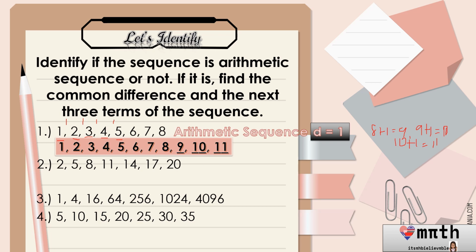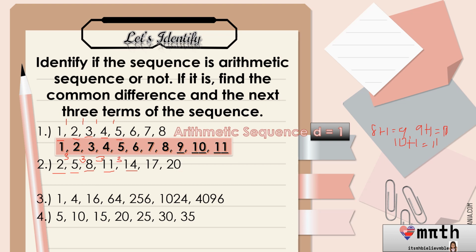Okay, now, for number 2, let us first check if there is a common difference. We subtract the previous term from the preceding term, which is 5 minus 2, that is 3. 8 minus 5 is also 3. 11 minus 8 is also 3. And 14 minus 11 is also 3.